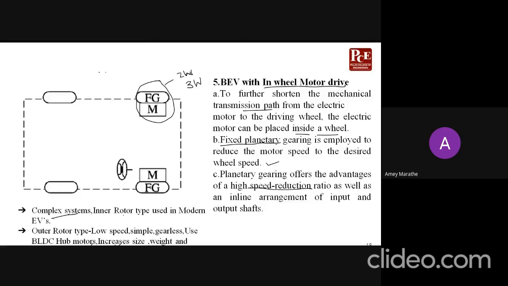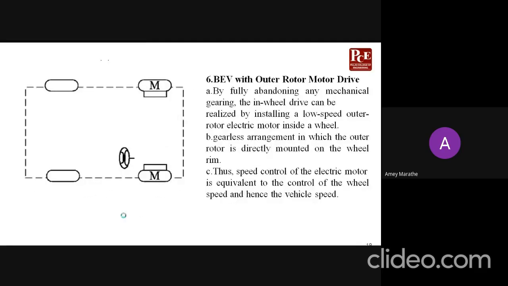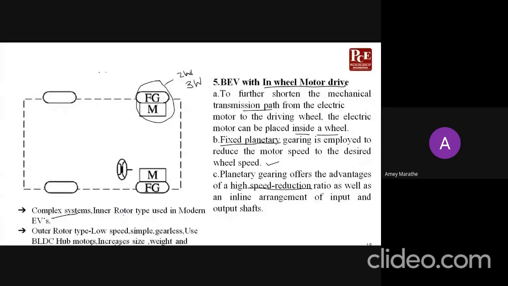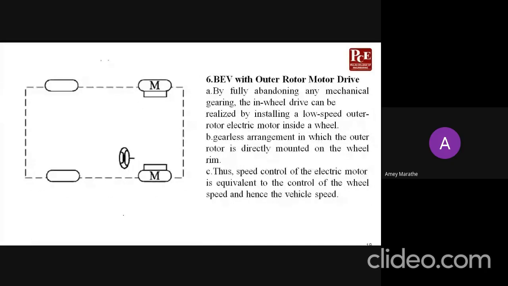And the last one: this is the inner rotor type, and this is the outer rotor type. By fully abandoning any mechanical gearing, the in-wheel drive can be realized by installing a low-speed outer rotor electric motor directly inside a wheel.